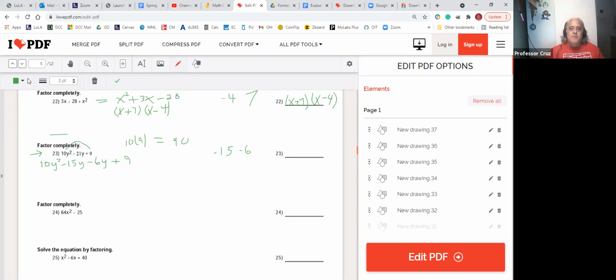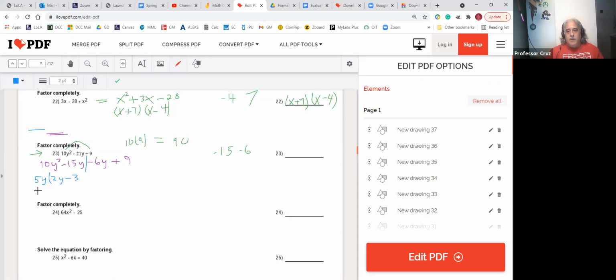So, that's where we divide, and we take out the greatest common factor over here, which is 5y. And that's 2y minus 3, right?